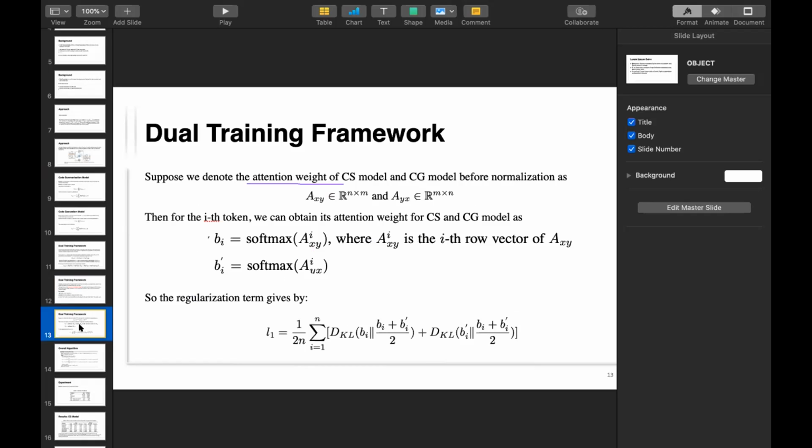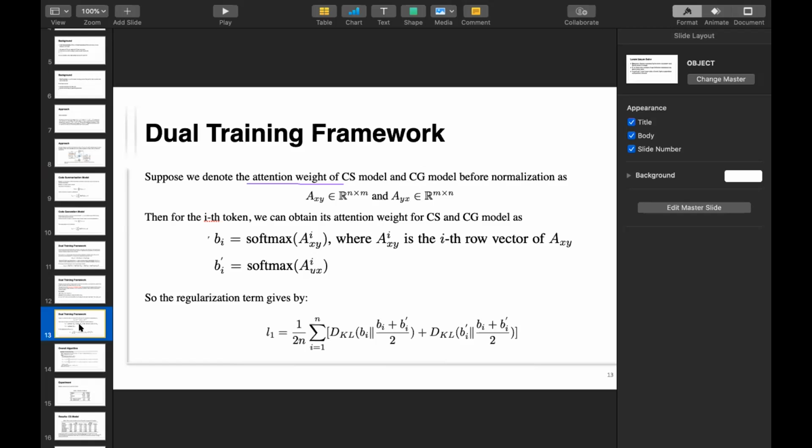That's why we have a matrix AXY, and its dimension is n times m, where n is the length of the input source code and m is the length of the output commands. AXY represents the attention between the input source code and the commands, and vice versa for AYX.